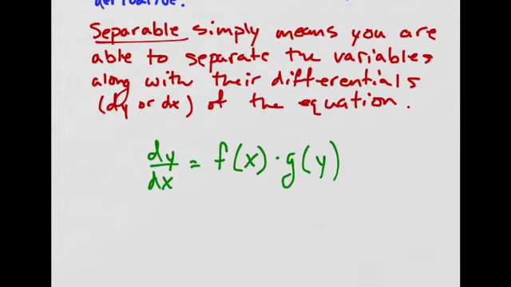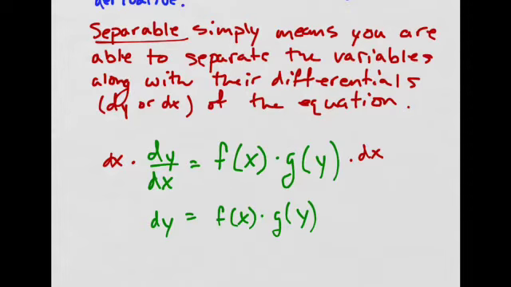Here, I multiply by the differential dx. We're thinking of it like it's just a fraction, so we have dy equals f of x, some expression involving only x and maybe numbers, but no y's, times some expression only involving y's, g of y. And then I'd have my dx over here.